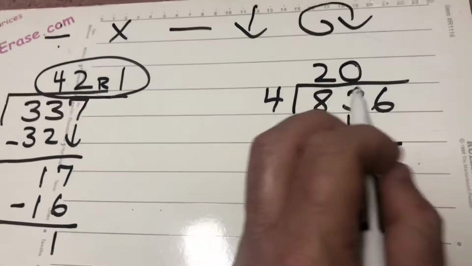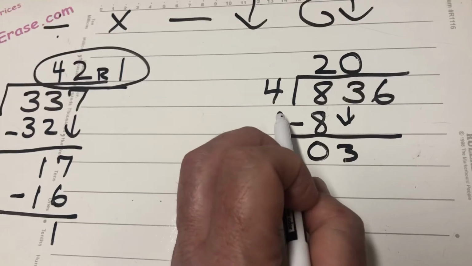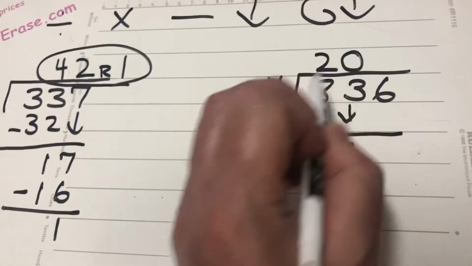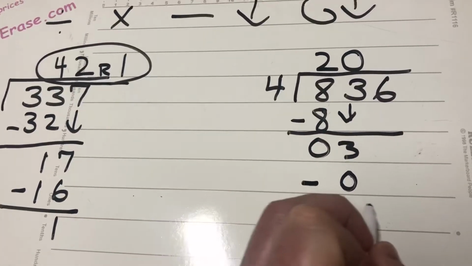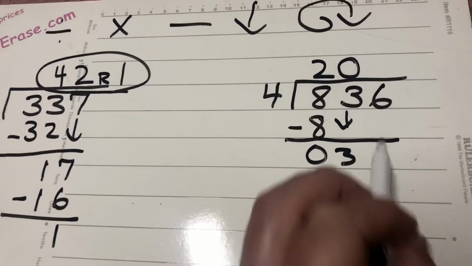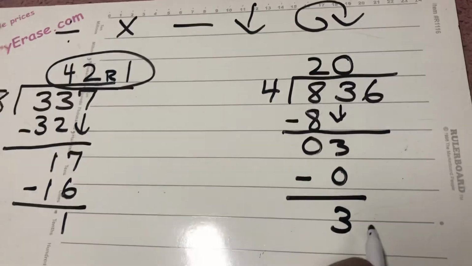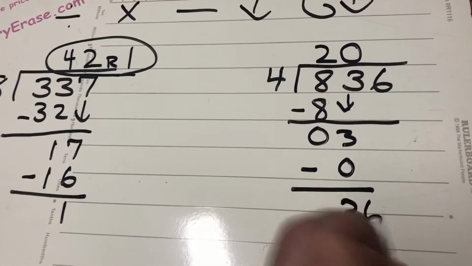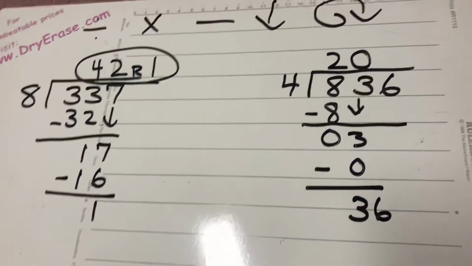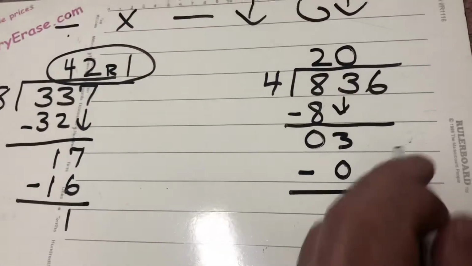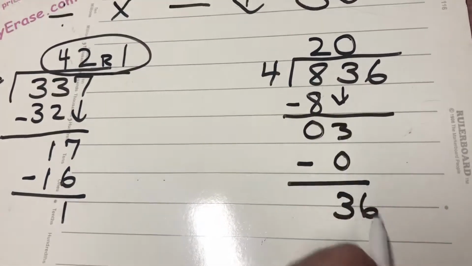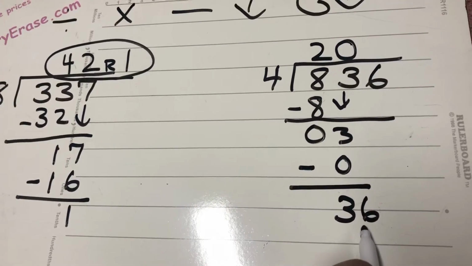Now, as long as I put the 0 here, if you want to do 0 times 4 is 0, 3 minus 0 is 3, and then bring down the 6, so you have a 36 here, that's fine. No problem whatsoever. The key is putting the 0 up here. But as you can see, you aren't going to end up with a 36 here anyway.